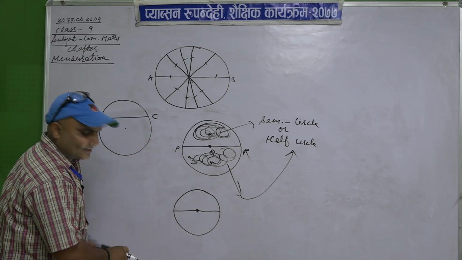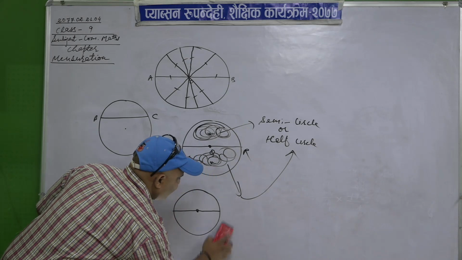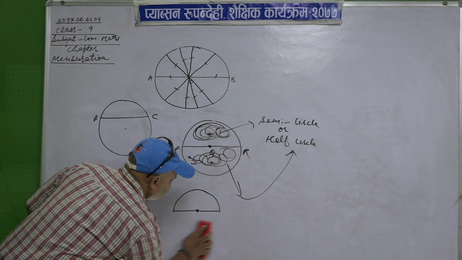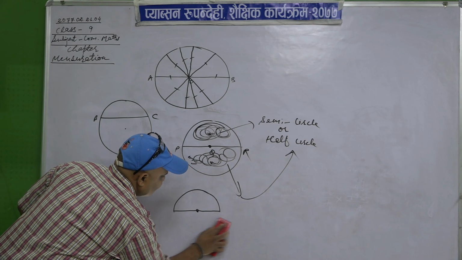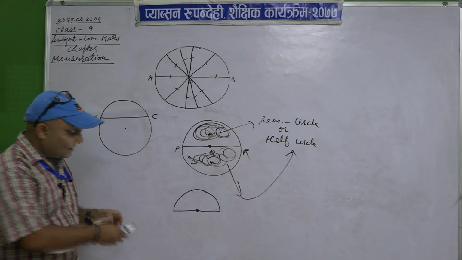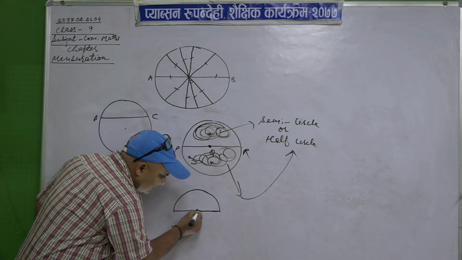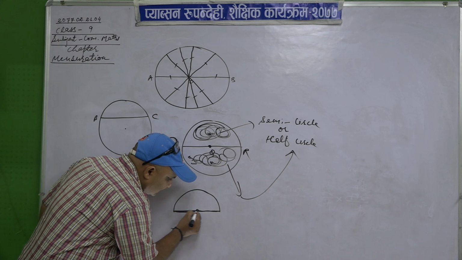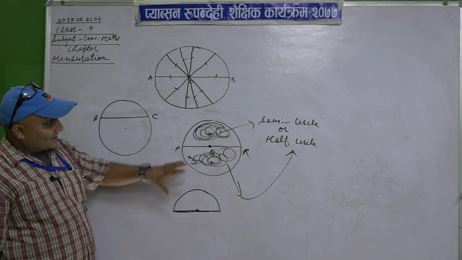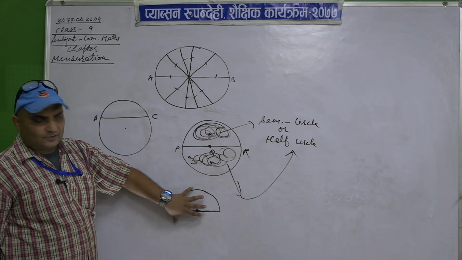Both these parts are semicircles. Again this is the semicircle. If the given figure is a semicircle, then this line must be a diameter of this circle. A semicircle can be made this way also or this way also.